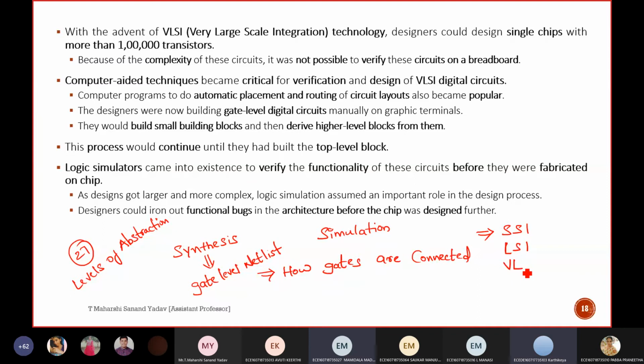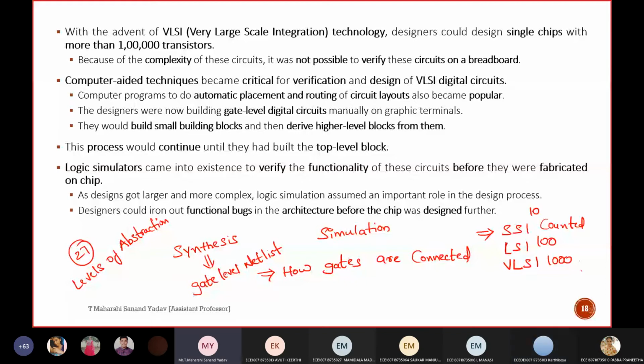VLSI is very large scale integration. What is the difference between them? In SSI, the number of components is less, whereas compared to large scale and very large scale, they vary on a huge level. The count will be different. Yes, sir. Suppose here it is 10, here it will be 100, 1000, and so on. Right.